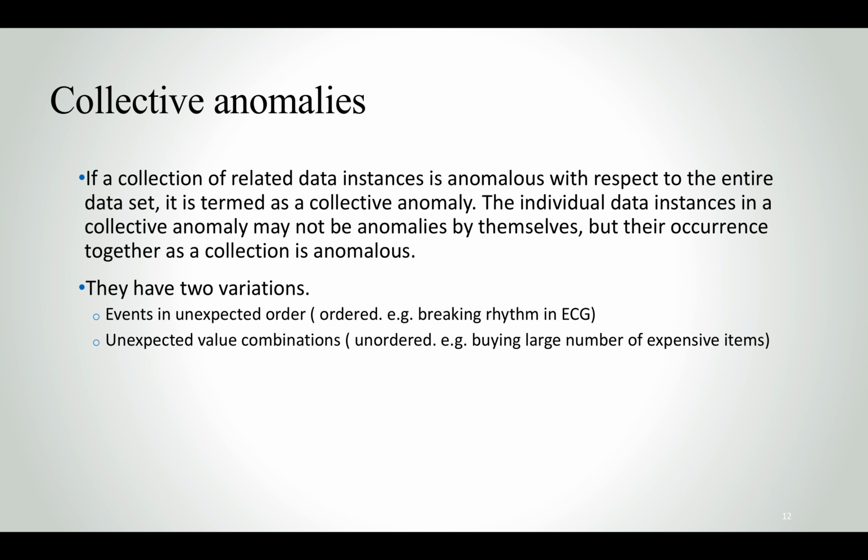One is that events come in an unexpected order. For example, if you're analyzing an ECG time series, maybe the ECG rhythm is not the right one. Or maybe you have unexpected value combinations. For example, in fraud detection, maybe one purchase is not interesting on its own, but multiple purchases together start looking a bit weird.